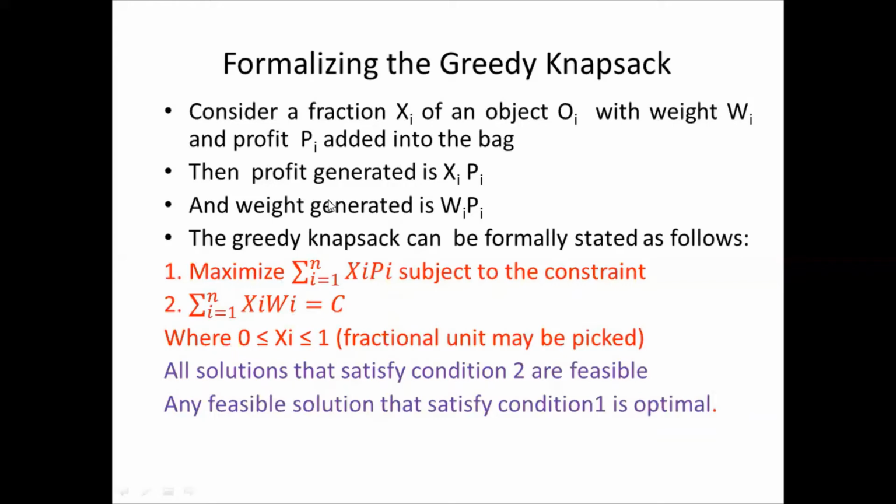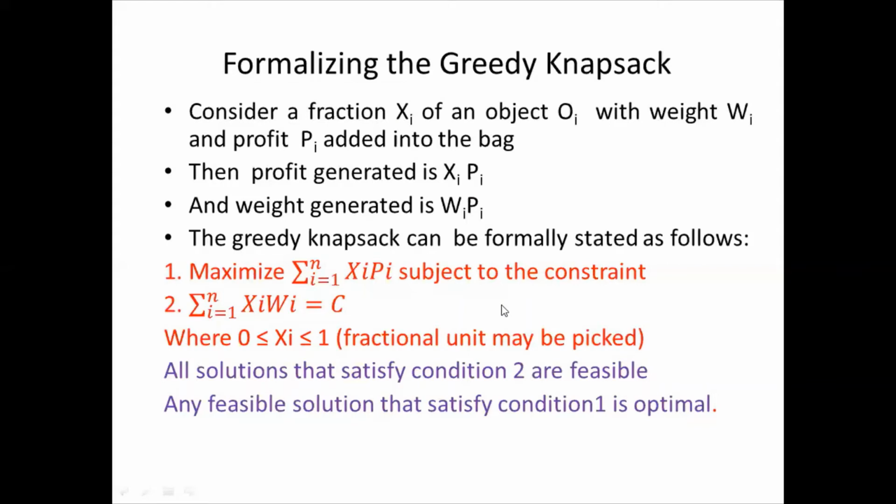Given such a formal statement of the greedy knapsack problem, we could define what are feasible solutions and what is an optimal solution. All solutions that satisfy condition 2 are said to be feasible. They are feasible because I could pick up any combination of items I put into the backpack.